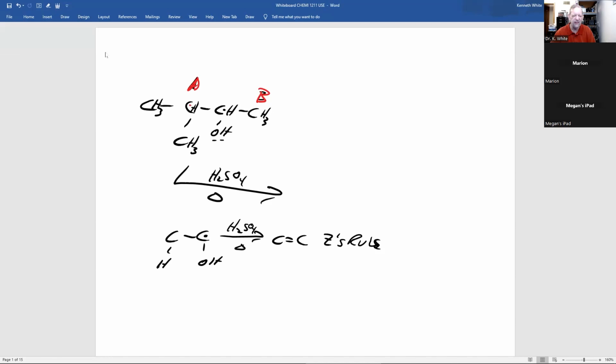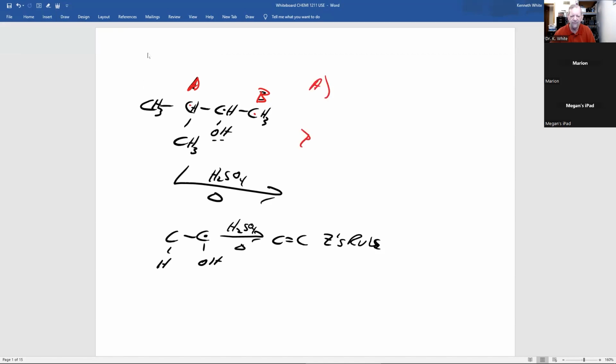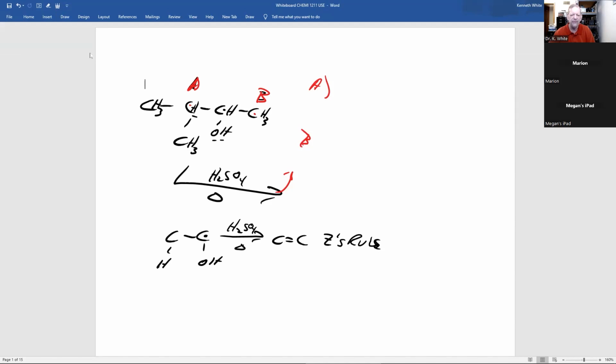And those are these carbons. If I lose the hydroxyl group and a hydrogen from A, I will form the following alkene, double bond.